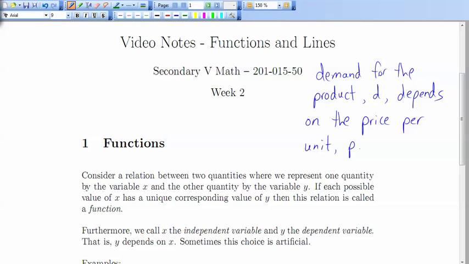Now, if D depends on P, if those are the variables I've chosen, then we'd call D the dependent variable. And P is the independent variable. Now that's just in general for relations.